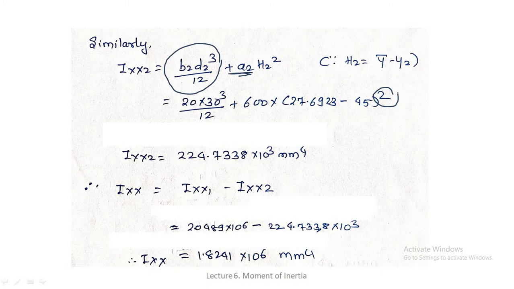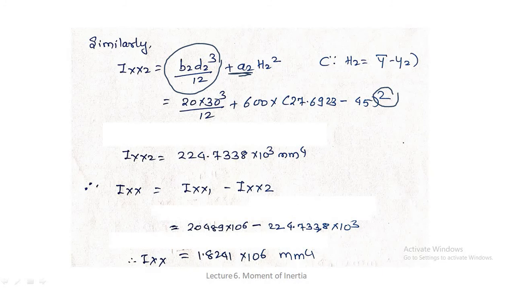So solve carefully. Moment of inertia is an easy topic. The numericals can be lengthy but they are of an easy nature. You don't need to remember very difficult formulas. The formulas are also easy, but you have to pay attention while solving the question.